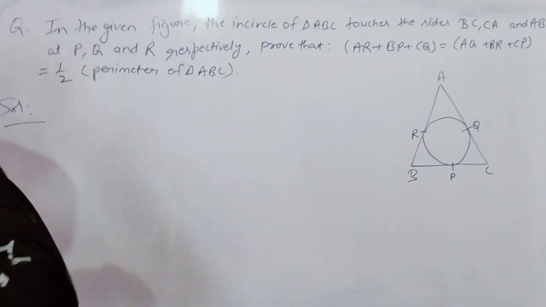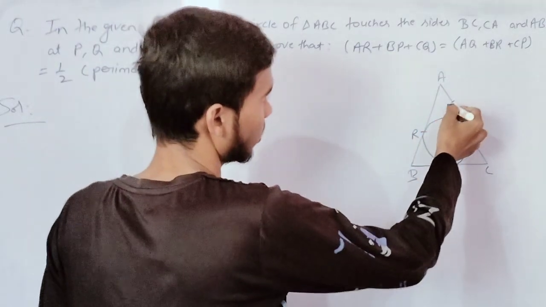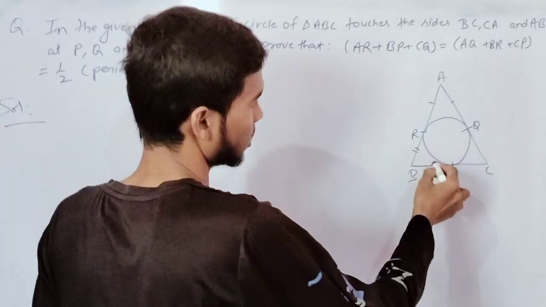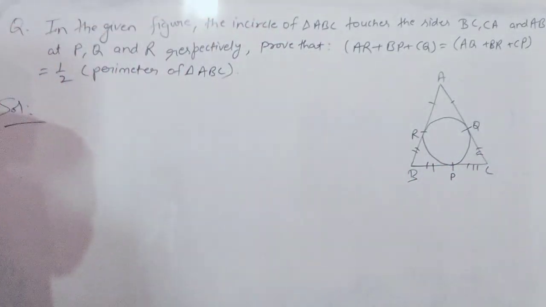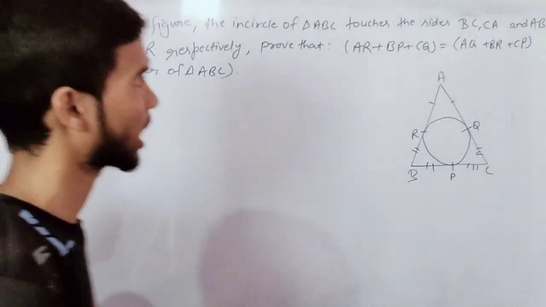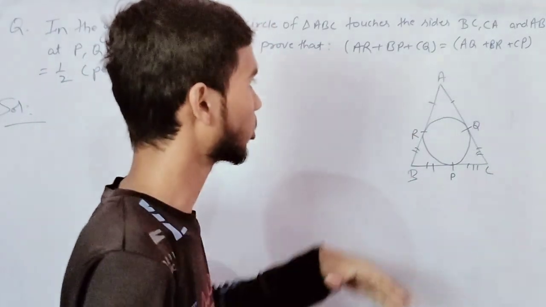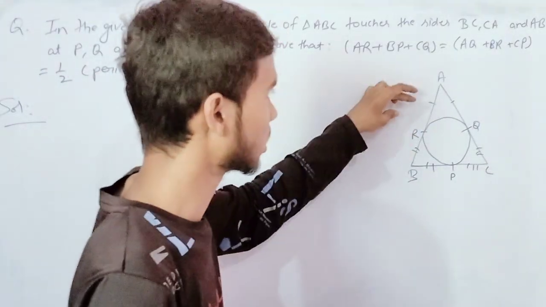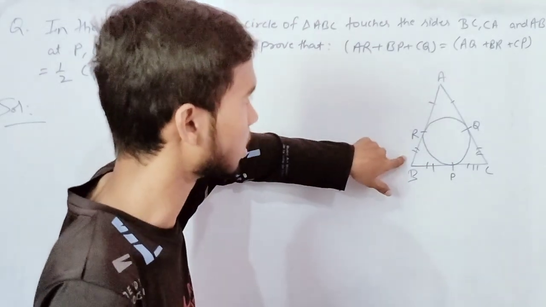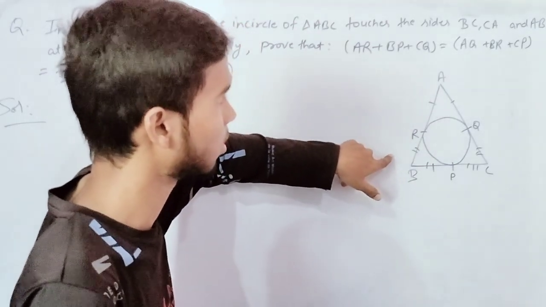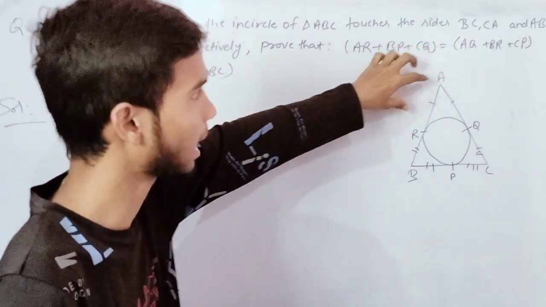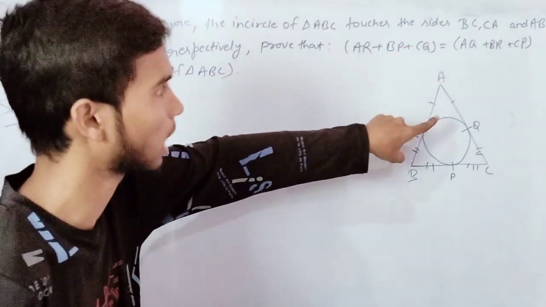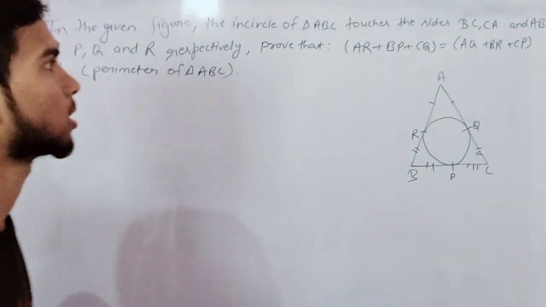So can we say that this is equal to this and this is equal to this? I am taking according to the angle, not according to the side. According to the side this would be equal to this, but it cannot be equal. So according to the angle I have taken that this is equal to this.